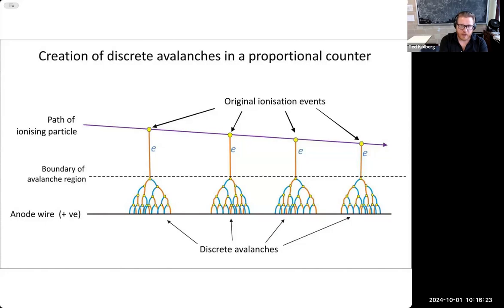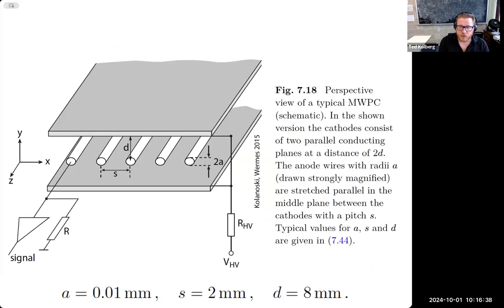And this proportionality allows you to recover the information about the specific ionization of the particle, the dE/dx of the particle, which was largely missing from electronic detectors up until the invention of the proportional chamber, certainly from spatially segmented detectors. So recalling that, we can look at how multi-wire proportional chambers are typically made.